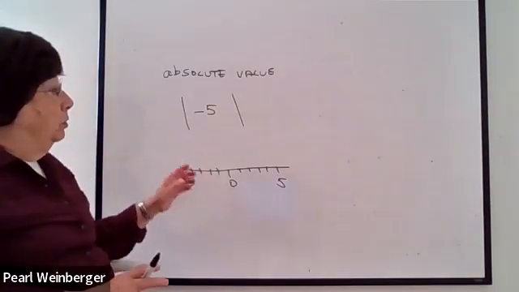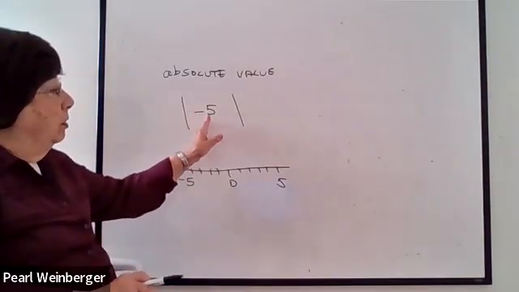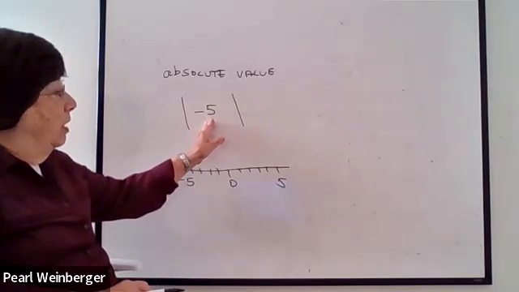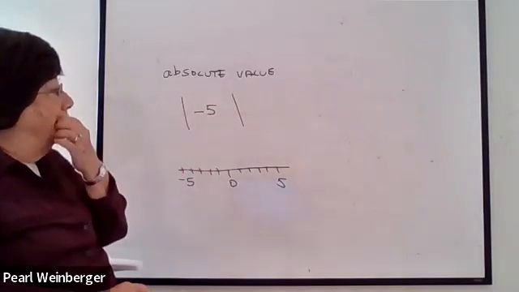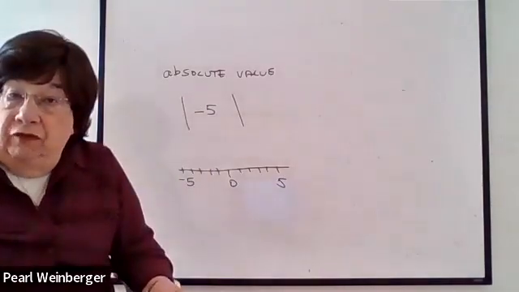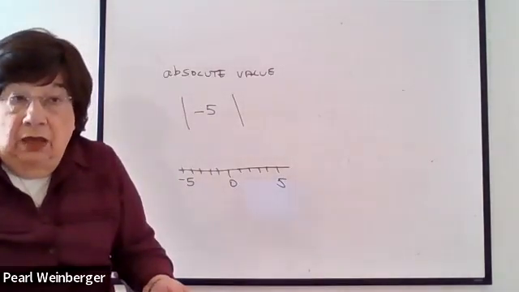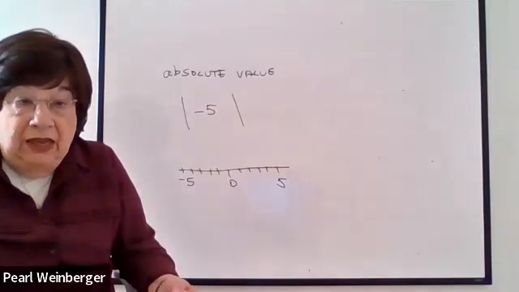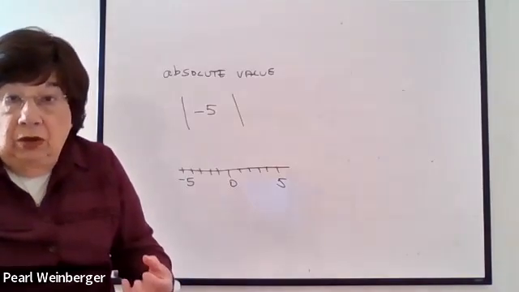Now, what's the point of the absolute value? Suppose I asked you, how far is the point -5 from the origin? When I'm asking you how far something is, I just want to know the number. I'm not interested in the direction.